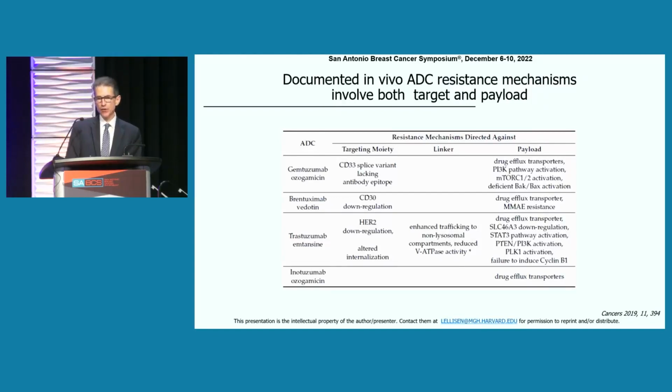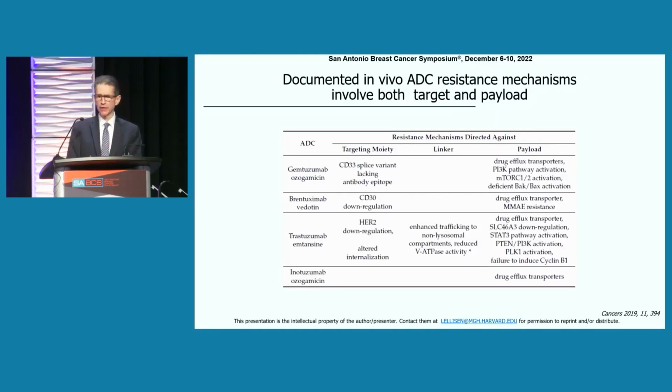The CD30 targeted drug for Hodgkin's disease, again, drug efflux, a critical mechanism that has been recognized for in vivo resistance. And then TDM1, again, because of its dependence on internalization, HER2 downregulation has been documented as a probable mechanism of resistance, as has been altered internalization, as we said, which might be able to be pharmacologically modulated to enhance sensitivity, and then a whole host of resistance mechanisms based on the payload, again involving drug efflux, activation of survival pathways, and other factors we typically associate with chemotherapy resistance.